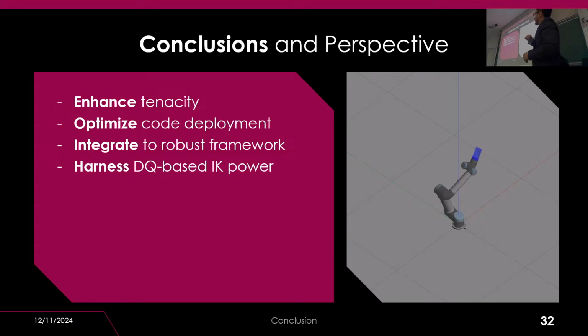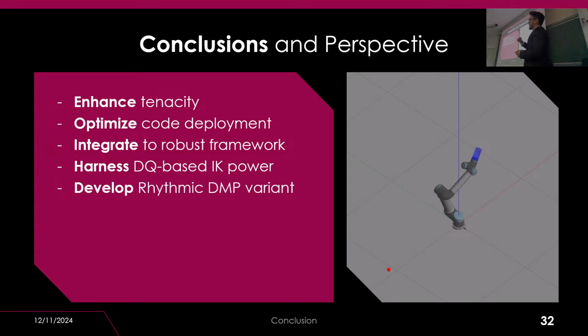Harness the dual quaternion-based inverse kinematics power, which is currently being explored in literature and is very interesting for this kind of theory. We have the development of the rhythmic variation of the dual quaternion dynamic movement primitives, which would be interesting for consumer applications such as cleaning surfaces, sweeping the floor, or even kneading bread. So, repetitive movements or tasks.